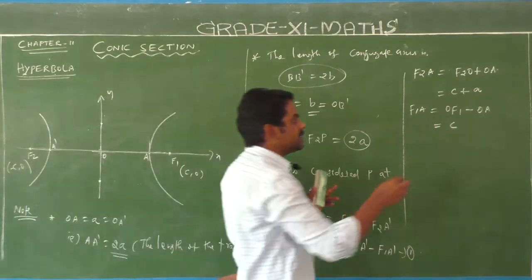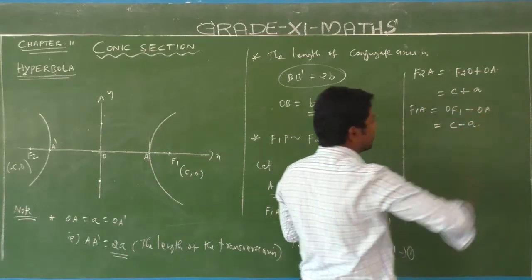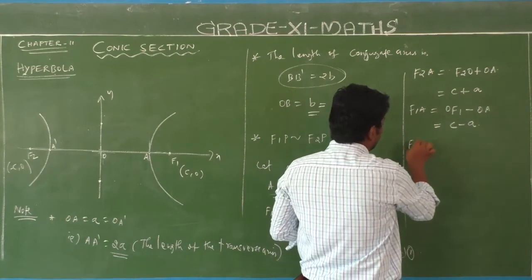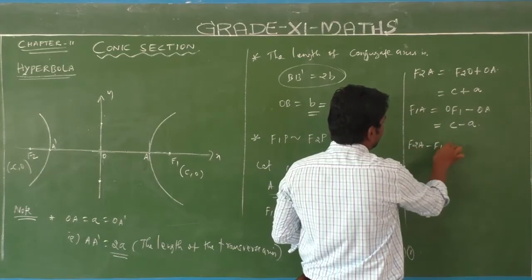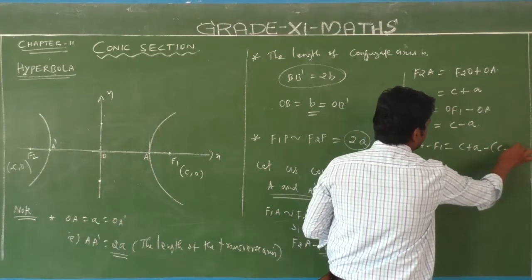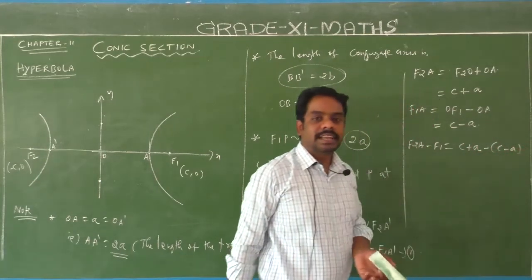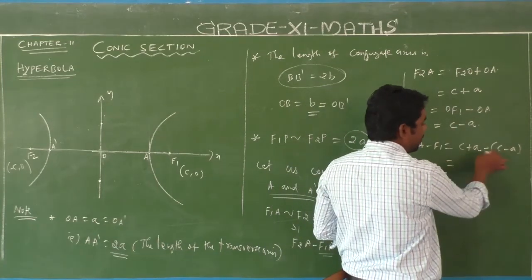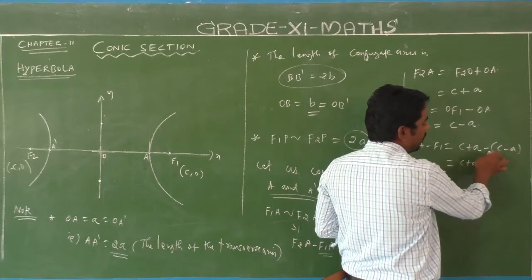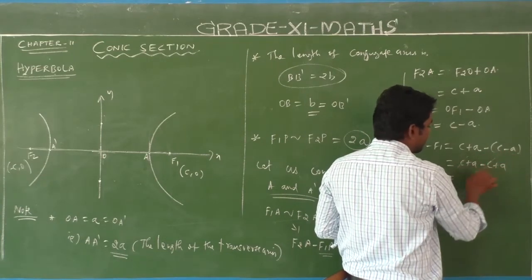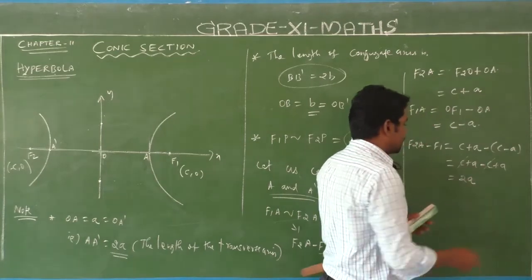So c minus a. Okay, so F2A minus F1A is equal to c plus a minus of c minus a, which is c plus a minus c plus a. The c minus c cancels, remaining 2a.